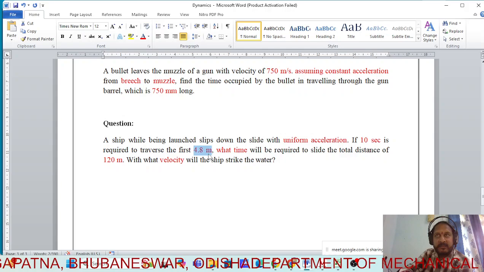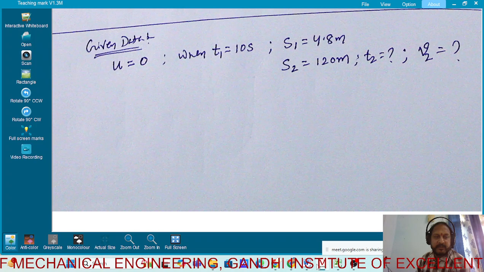When S2 is 120 meter, you have to find out what is T2, and you have to find out the velocity with which it will strike the water. These are the two parameters which you have to find. All of you are clear? Yes, sir. Now here which equation are you going to use?